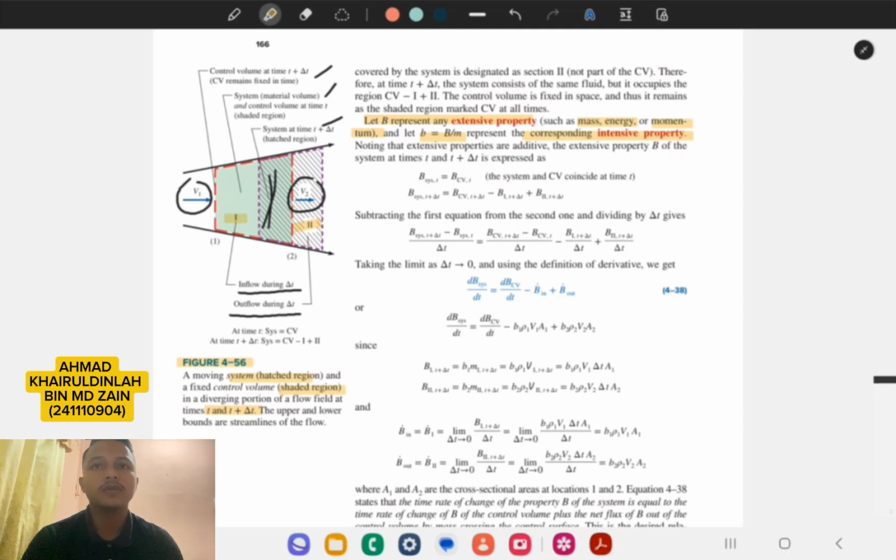And then our goal is to find the relationship between B system, or small b system, the property of the system for which we know the conservation law, and B control volume, or small b control volume, the property of the control volume, which we prefer to use in our analysis. So the result is shown below.